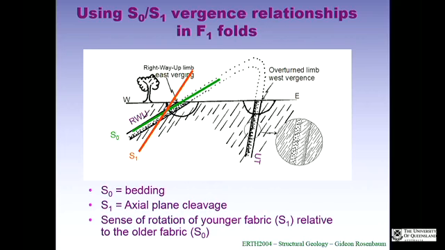So we look down the plunge, and we take the cleavage, we rotate it to bedding, and we determine that the rotation is clockwise, or we say vergence to the east, so the upper part is going to the east. So that's basically the little field exercise that we always do, and it tells us where is the closure of the antiform, where is the next antiform.